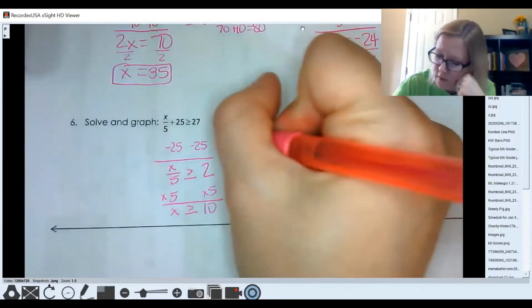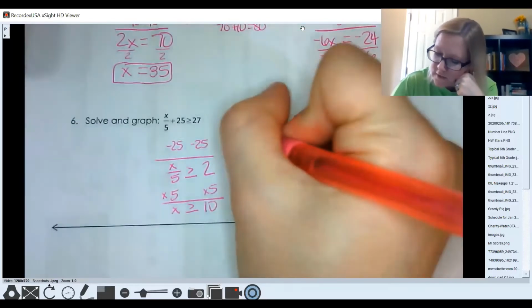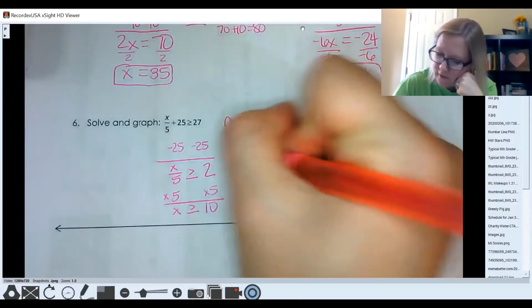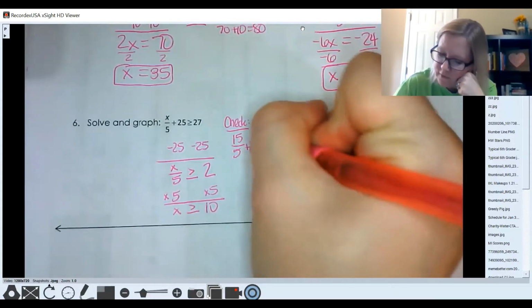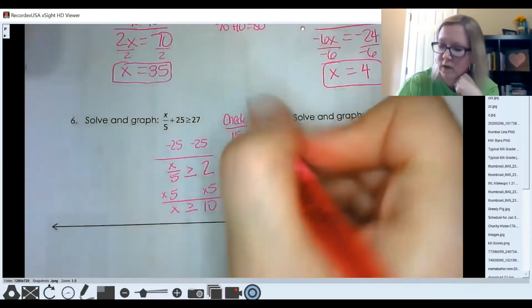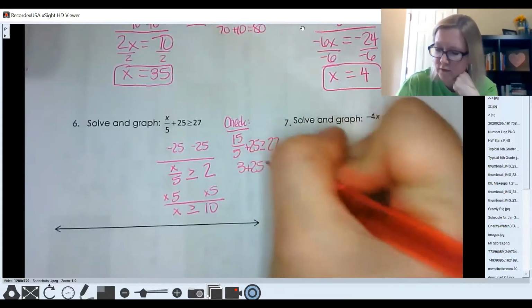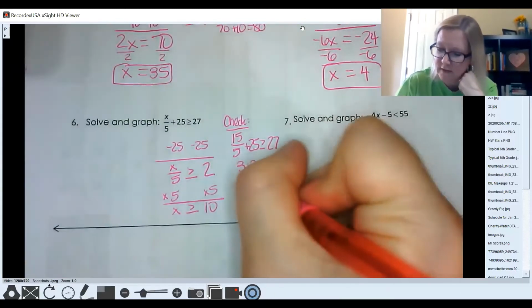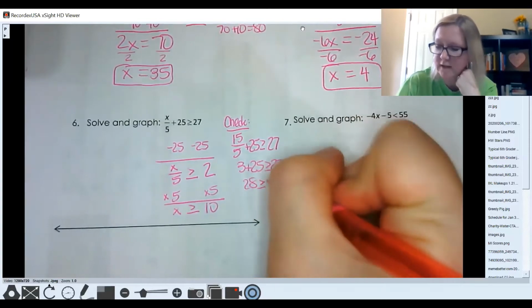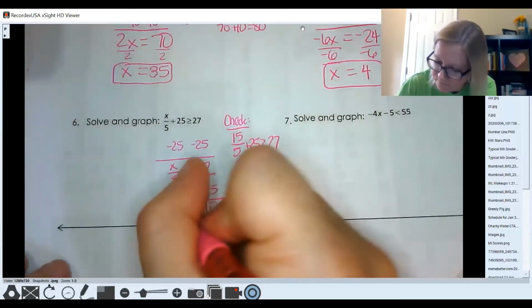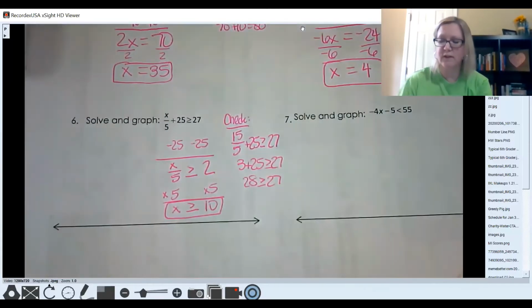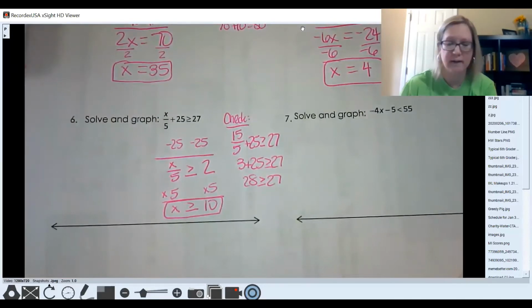So 15 divided by 5 plus 25 is greater than or equal to 27. 15 divided by 5 is 3. 3 plus 25 is 28, and 28 is greater than or equal to 27. So my solution is x is greater than or equal to 10.